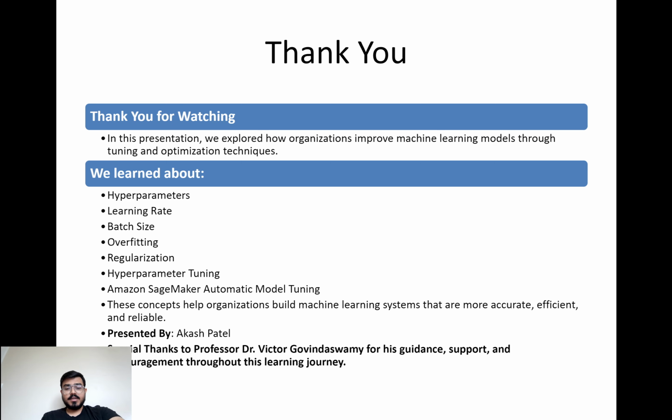Organizations continuously improve their machine learning systems to achieve better predictions, higher quality, stronger recommendations, better performance, and greater business value. I hope this presentation helped explain these concepts in a simple and easy to understand way and provided a better understanding of how machine learning optimization works in practice.